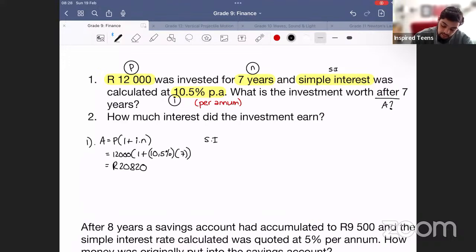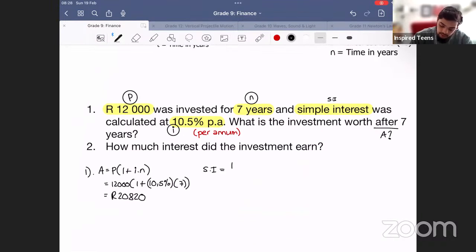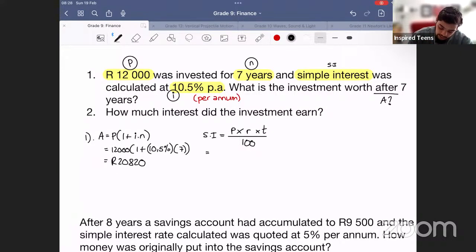Simple interest is equal to P times R times T divided by 100. In this case, P is our principal amount, which is 12,000, times R, which is our interest rate, 10.5%, times T. T is the time in years, divided by 100.